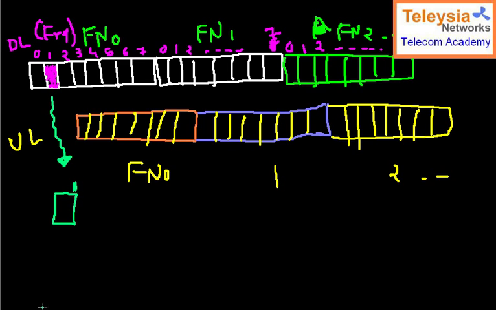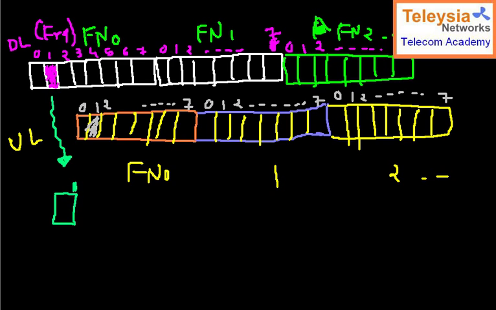Let me give numbers here also: 0, 1, 2 up to 7, 0, 1, 2 up to 7, 0, 1, 2 up to 7, right? So this is my one time slot here, and this is the same time slot in uplink.